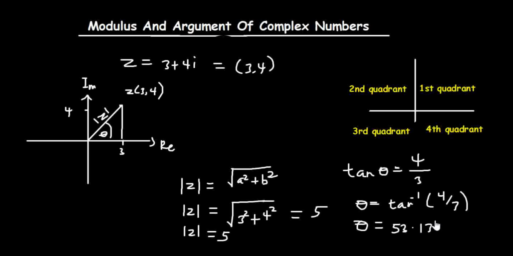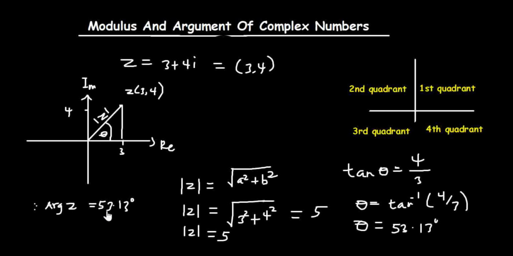This angle theta here is the same angle that this line makes with the positive x axis. So you consider this angle theta to be the argument of z. Therefore, the argument of the complex number z is equal to 53.13 degrees.